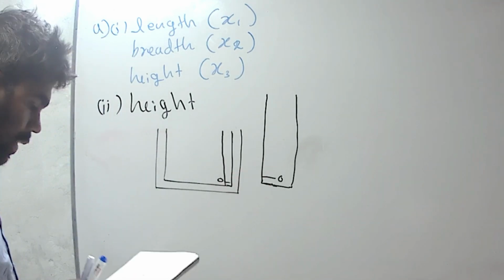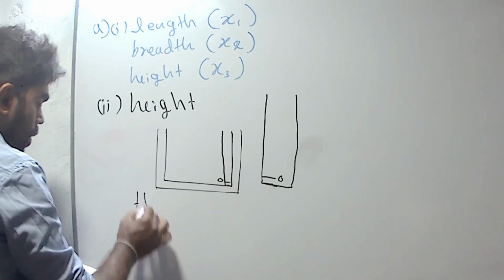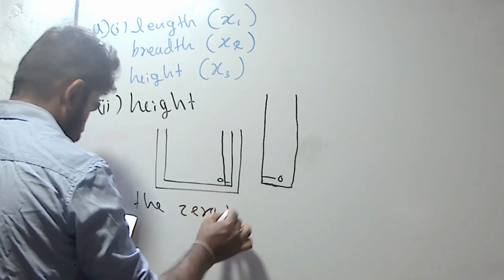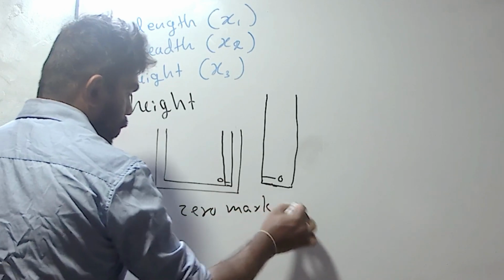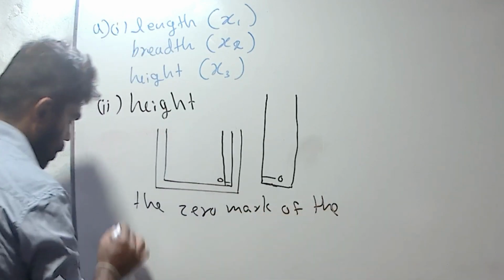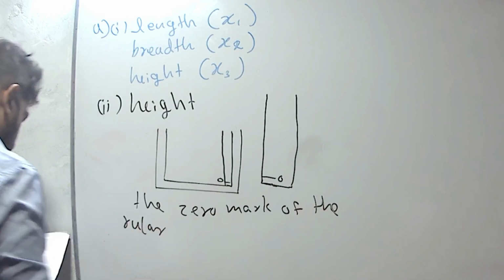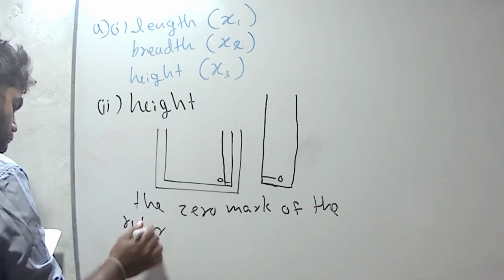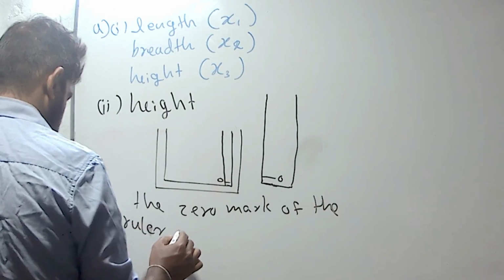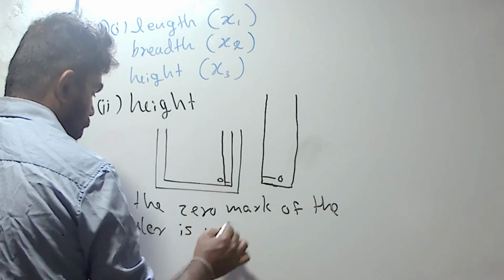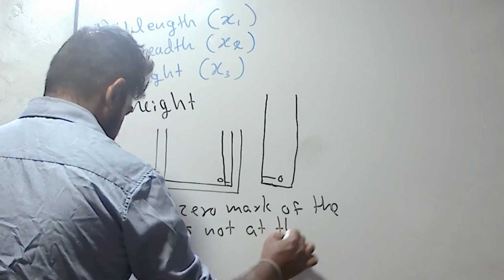Then we can write that the 0 mark of the ruler is not at the edge.